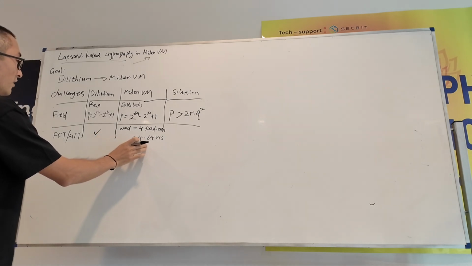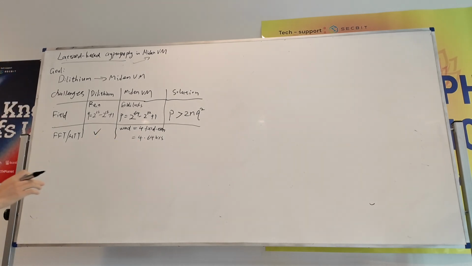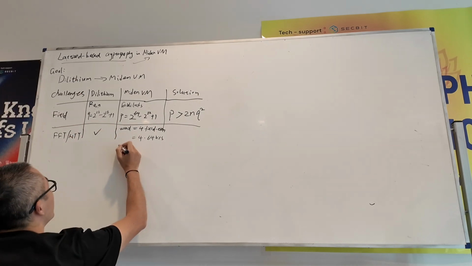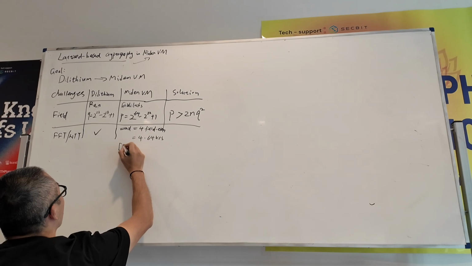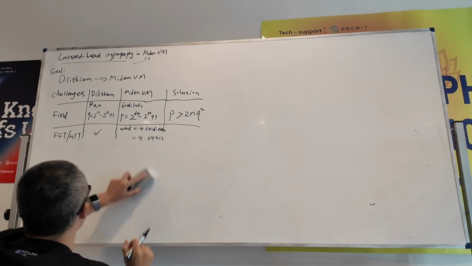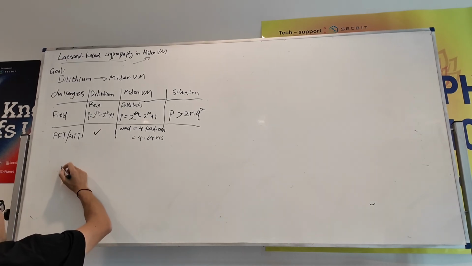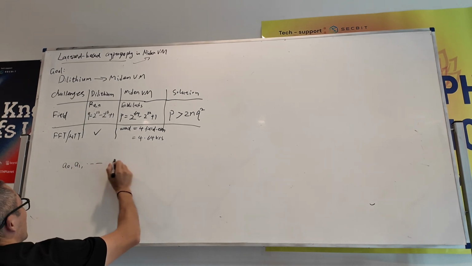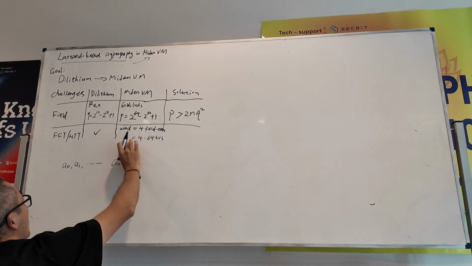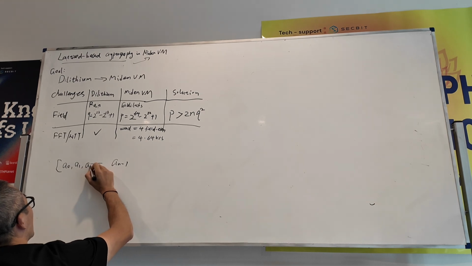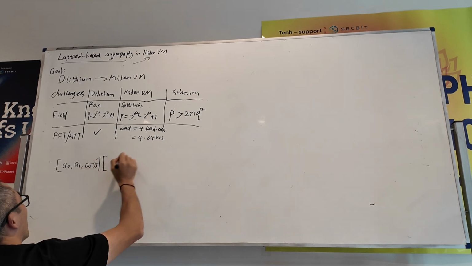I will show later that when we do the FFT, the word is like this. The challenge is that in a normal FFT, we just do the multiplication on A0, A1 to A minus 1. But here, if you use word, then you need to group them together, A2, A3, and like this.